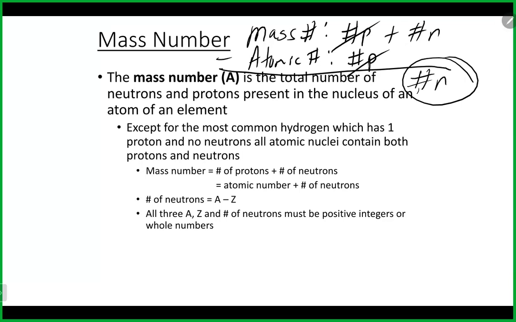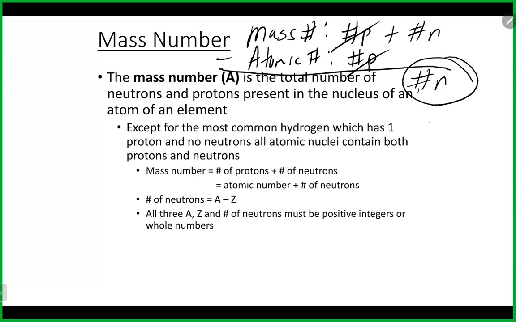Now, when you calculate the mass number, the atomic number, how many protons, electrons, and neutrons there are, they all have to be positive whole numbers. And that's something to really keep in mind.